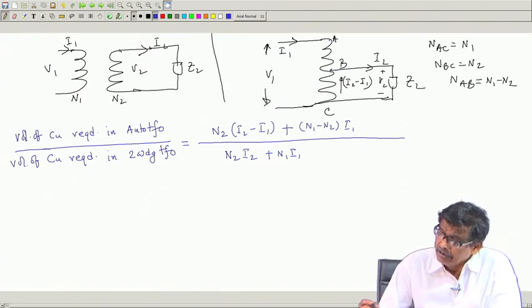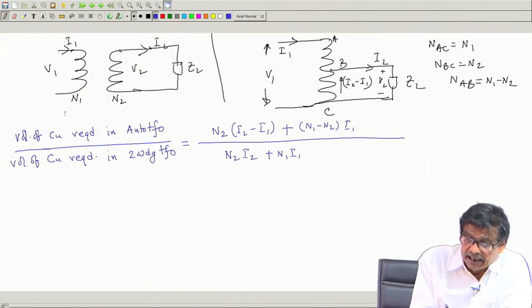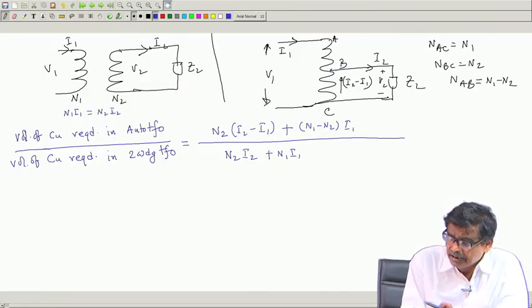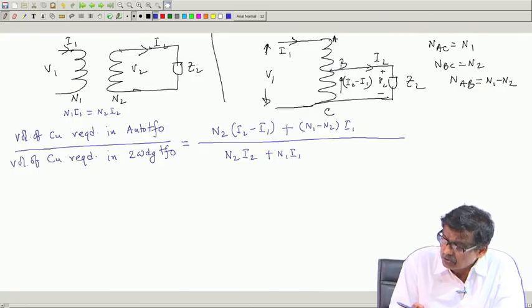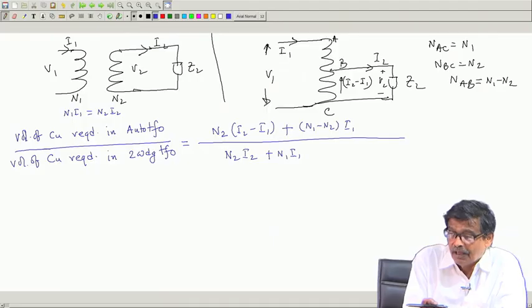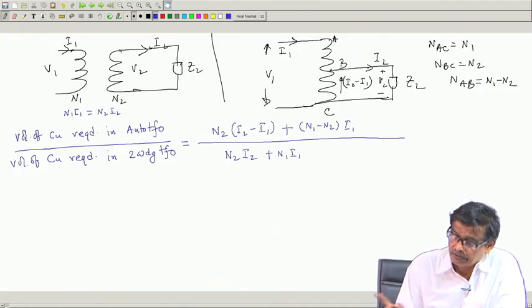Now, we have already established that N1 I1 is equal to N2 I2. Are N1 and N2 different in the auto transformer? No, same thing. Whatever N1 is here, it is N1 there. Is I1, I2 different? No, I2 is the current delivered to the load, I1 is the current flowing in the primary, same thing.